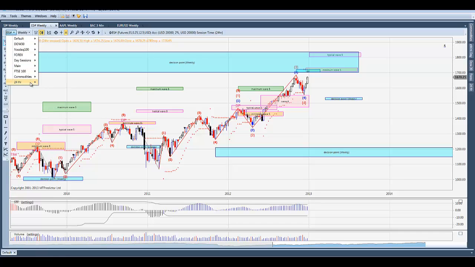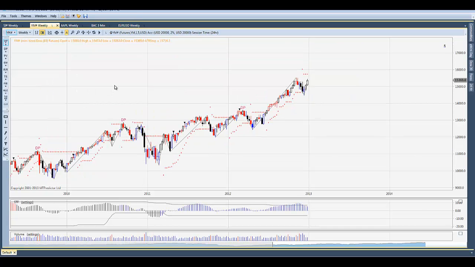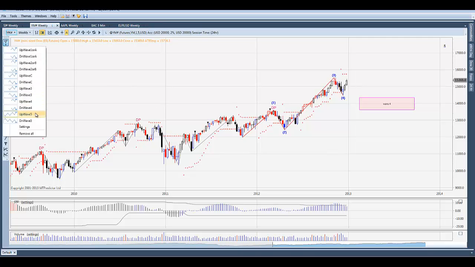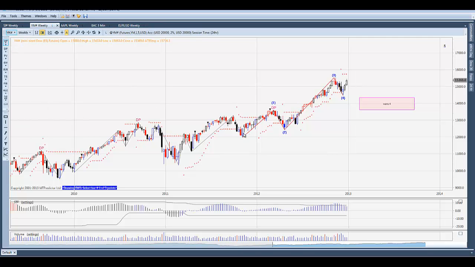Let's see, 24-hour. All right, so here's the Dow again. Same picture. Wave 4 heading into wave 5. I'll just project that up again using the tools in the software.